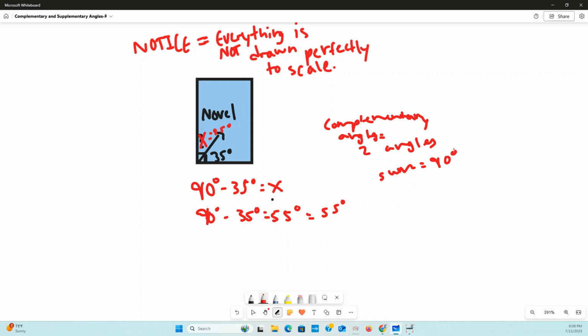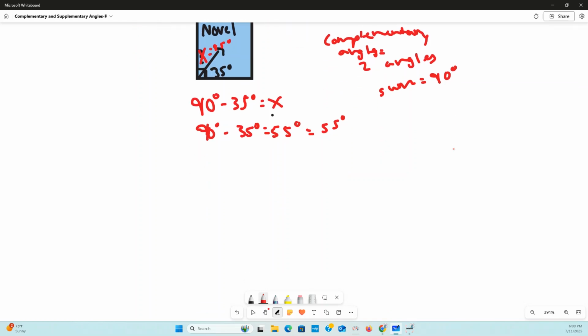Now, there are two formulas we can use to determine complementary angles depending on the situation. If we are given the measurement in degrees of two angles and we're trying to determine if they're complementary, then we would do angle 1 plus angle 2 is equal to 90 degrees. If both angles' sum is equal to 90 degrees, that means they're complementary. But if their sum is like 95, then we know that's not a complementary pair.